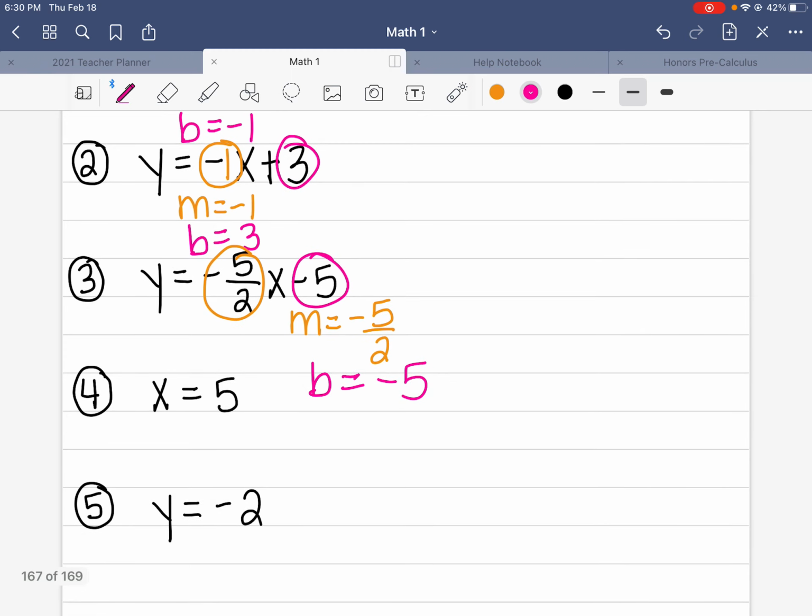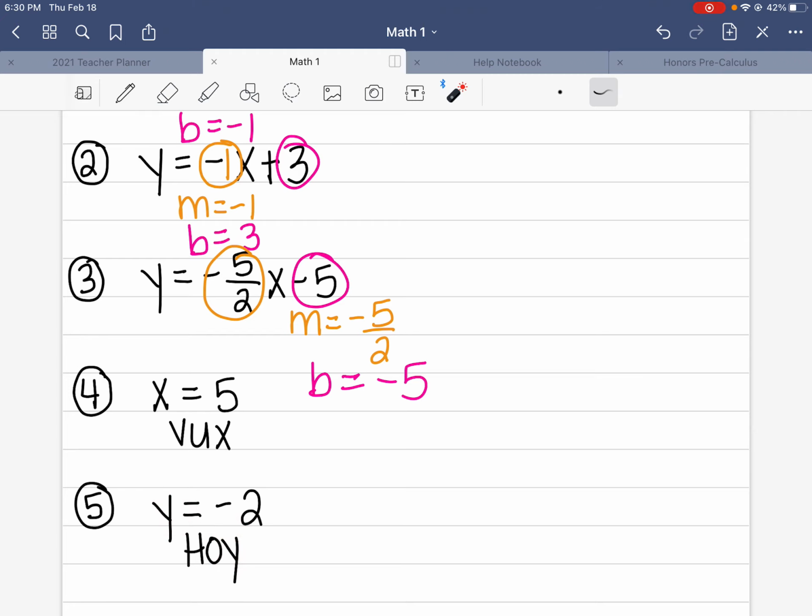Now, for the next two, we have a horizontal and a vertical line. How do I know the difference? Well, x equals 5 means it's going to cross the x-axis. That is a Vux problem. It has x in it, so x equals is a Vux problem. If it's y equals, then it's a Hoy problem because it has the y equals and the y value.